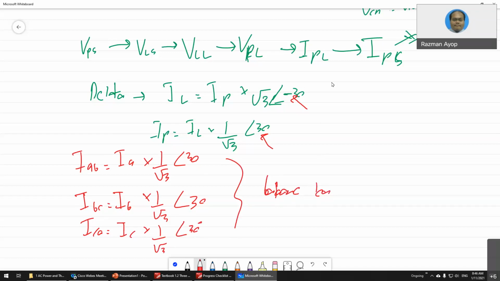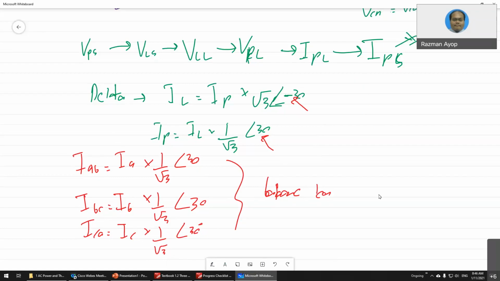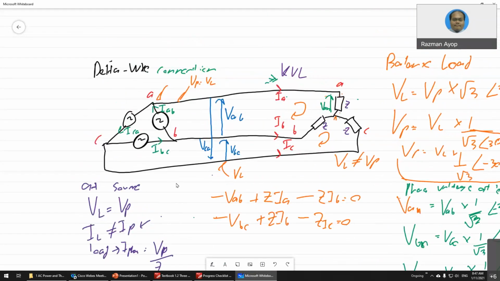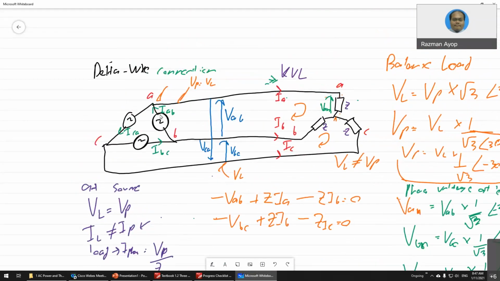Now you already finished. Basically your task is to calculate the line and phase voltage and current at source and load.